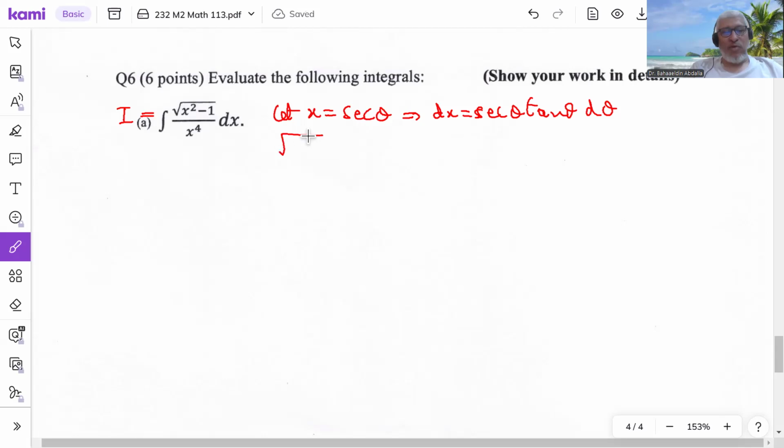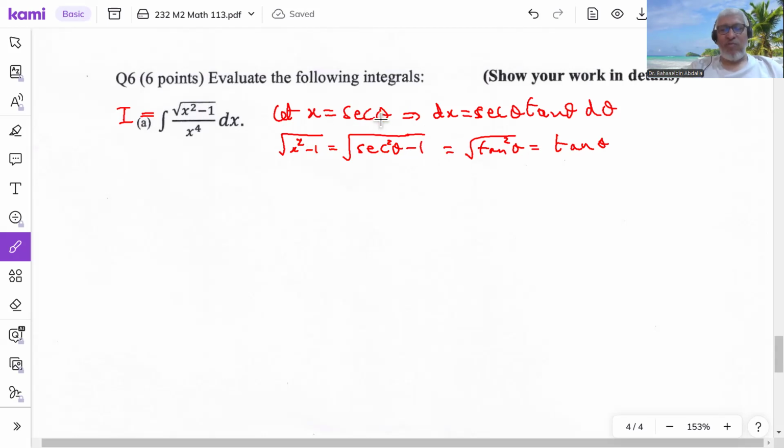So the square root of x squared minus 1 would be the square root of secant squared theta minus 1. And we know that tan squared plus 1 is secant squared. So secant squared minus 1 is tan squared. And the square root of tan squared is tan theta under the conditions of this substitution.